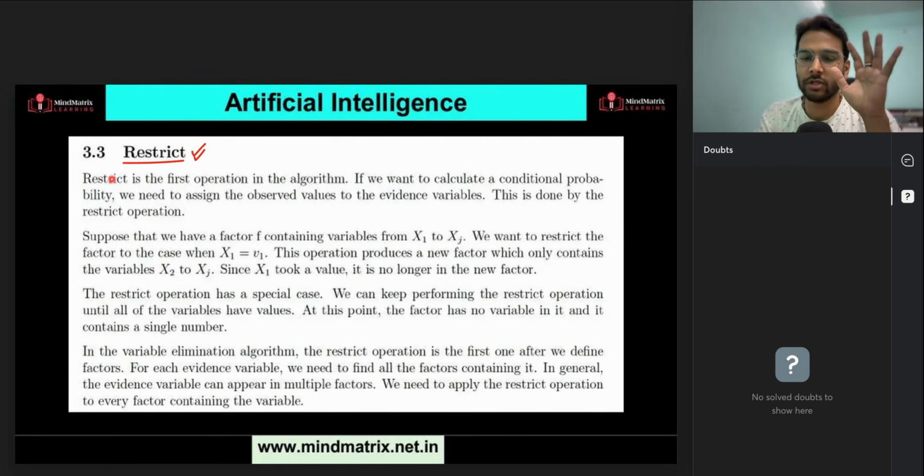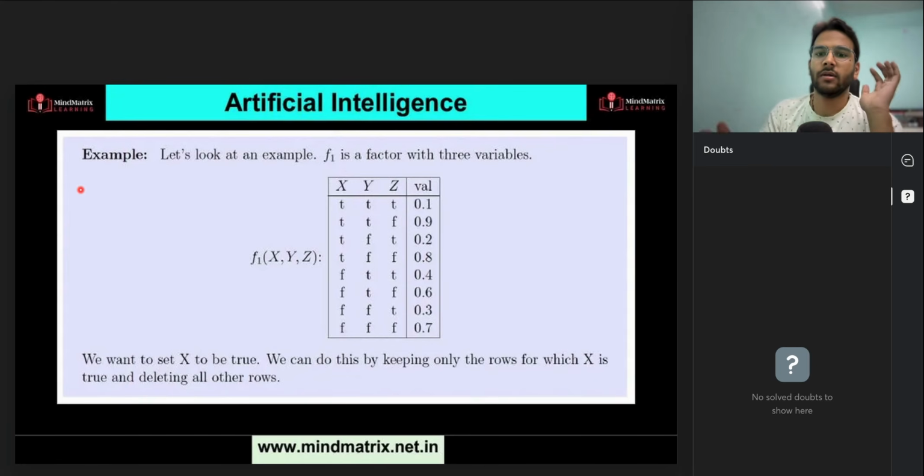Most of the slides are from MIT University, and others are from, I think, CMU or some other university, but all are from standard universities. So the best resource that I could find on the internet for this particular topic, I have included in these slides. So you don't have to refer to anything else for it. And this is the same for almost every lecture that I'm covering.